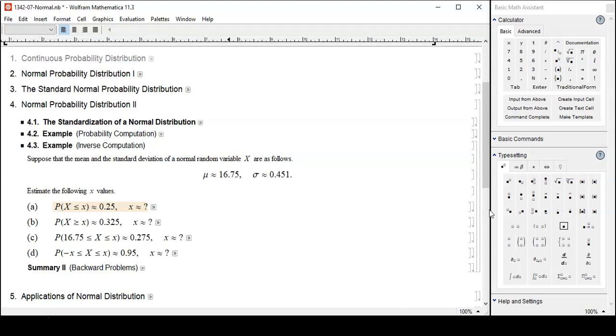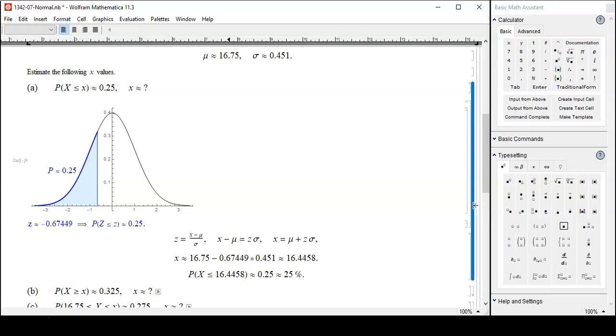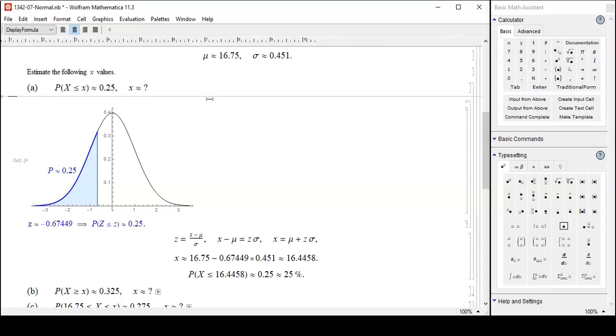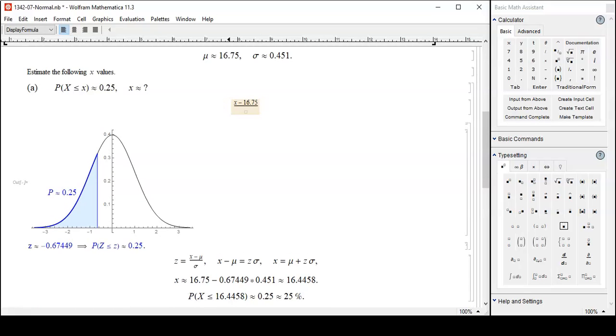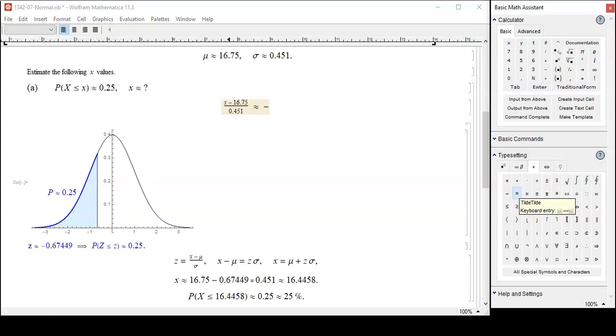And that z-score is n minus center over SD. So basically what we have here is n minus center, 16.75, over SD, 0.451, is approximately equal to negative 0.675, approximately speaking.